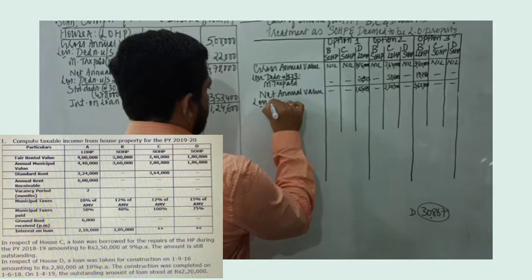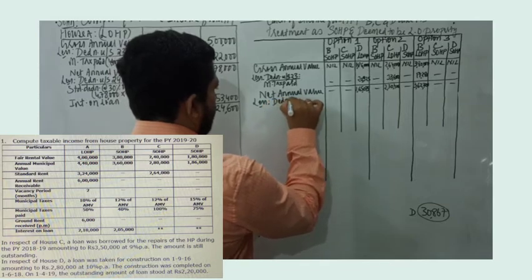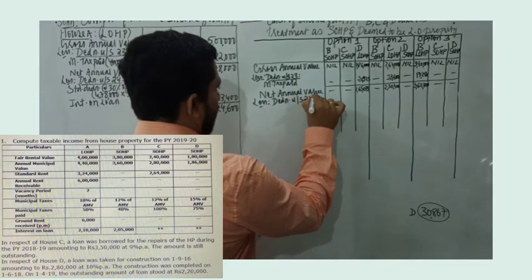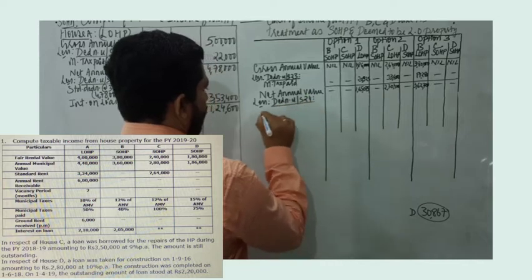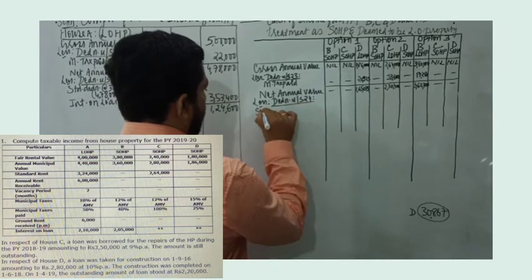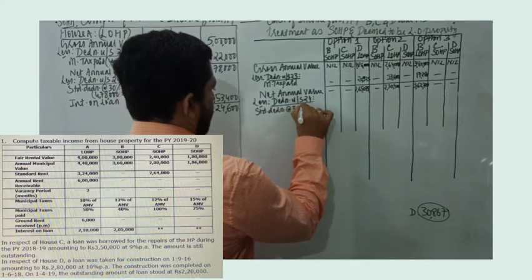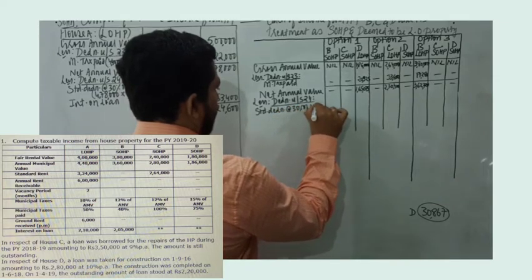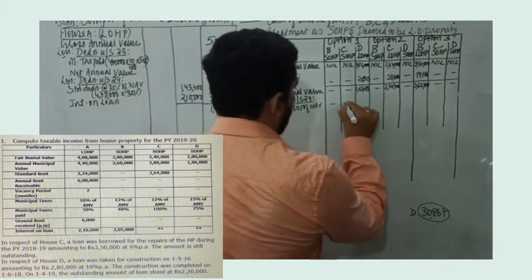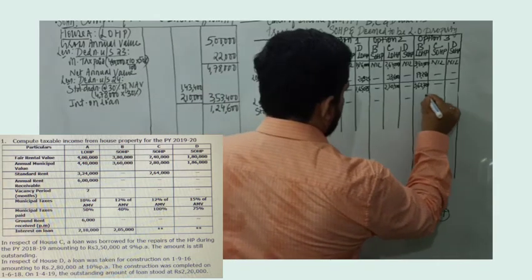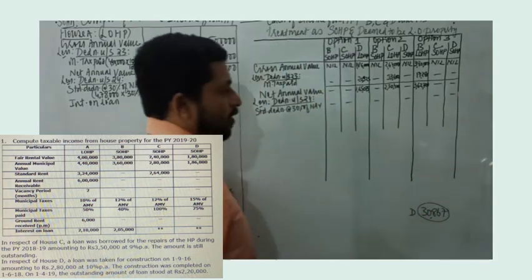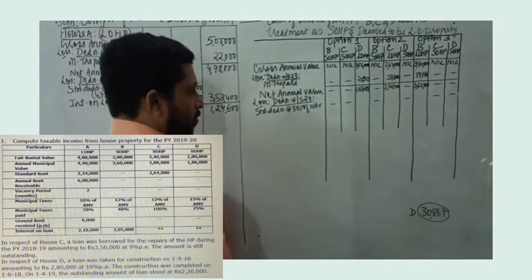Then we have less deduction under section 24. Under section 24, we have standard deduction at 30% of NAV. Here it is all nil, so I just put a dash in the self-occupied house property columns.